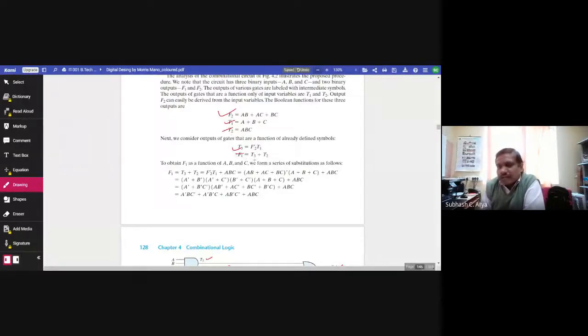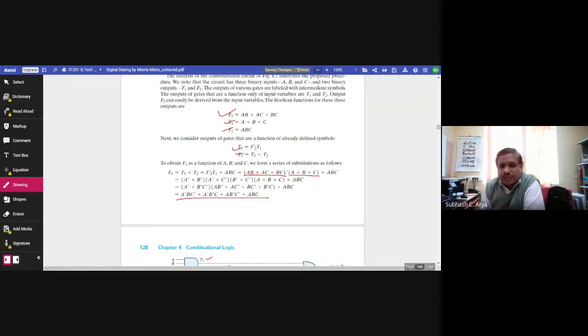And now finally F1 is T3 plus T2. Now we have to write all expressions by doing algebraic manipulation. As you have seen, this is F2 bar. Here we multiply by A plus B plus C, plus A, B, C. And you do algebraic manipulation, and finally you will get this expression.